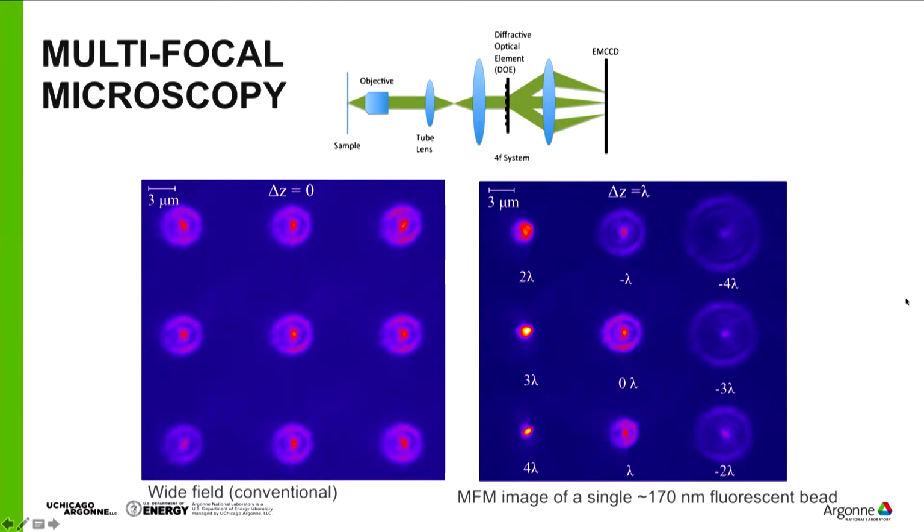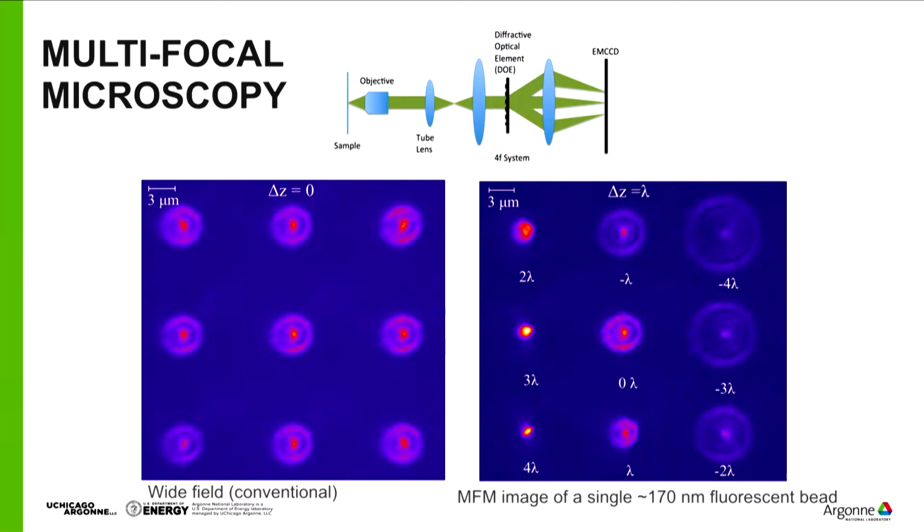If you had just wide field, this is a 170 nanometer bead, and all of the tiles would look the same. But if we tune for different depths, then what you see here is different blurriness because you're looking at different depths. The bead is only 170 nanometers, and we're stepping through 3 micrometers.